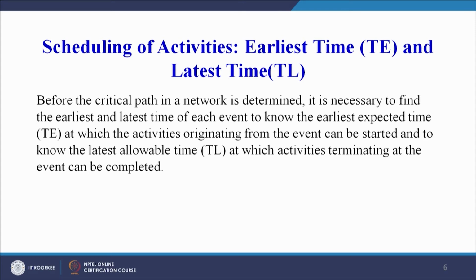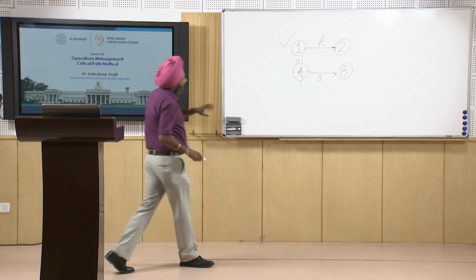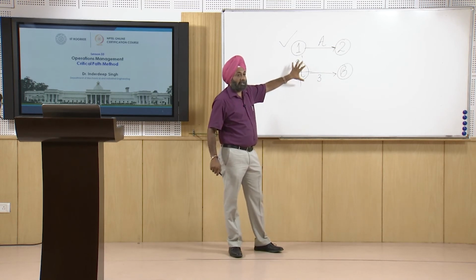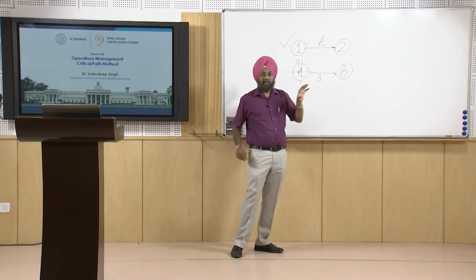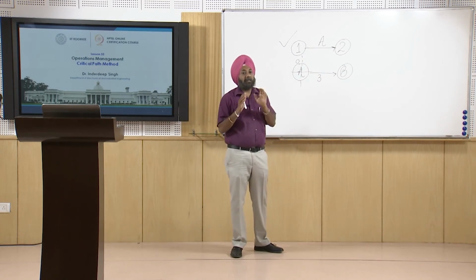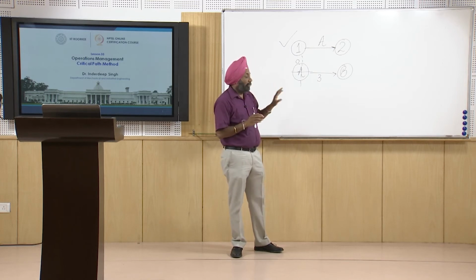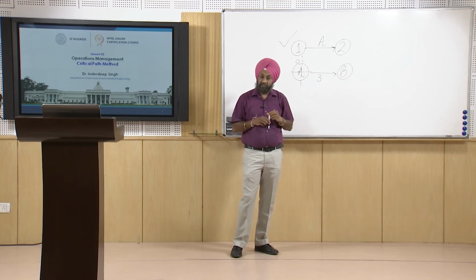So I think it is a little confusing here, we can try to understand this with this network. So this is A, and we must be able to find out when activity A can be started at the earliest, and we need to calculate when activity A can be started at the latest.